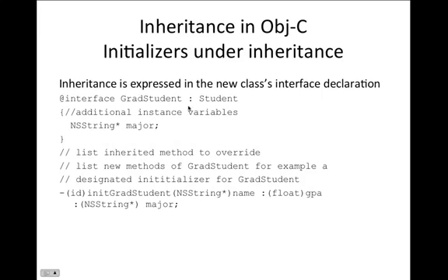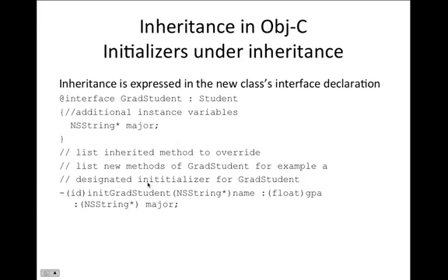Additional instance variables can be added along with the ones that are automatically inherited, and it's the same concept as C++ again. All of the instance methods and all of the instance variables are inherited. The list of inherited methods to override can also be done. You can override and overload just the same way as you can with C++.